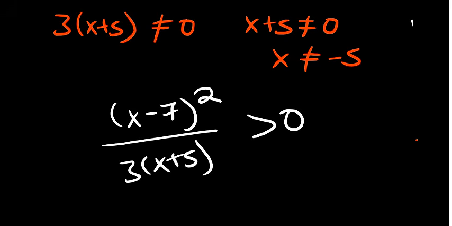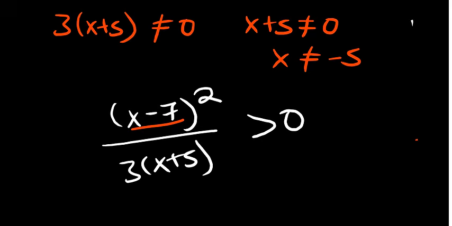Now, do we have any critical values that are going to make this function equal to 0? The critical value that we have is when x is equal to 7, because we find the critical value by equating the numerator to 0. So there is only one value there.